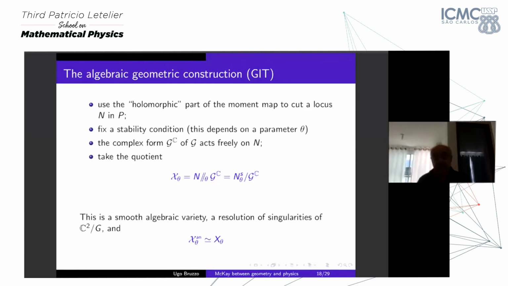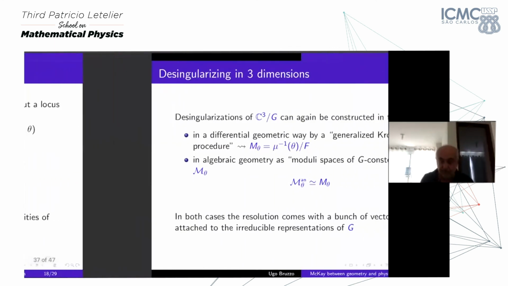In our case, this variety is even smooth, and therefore it has an underlying structure of a complex manifold. As such, this X script N, the same space regarded as an analytic variety, is isomorphic to the resolution that we made using Kronheimer's hyperkähler reduction technique. Okay, so the two constructions are compatible in this way.